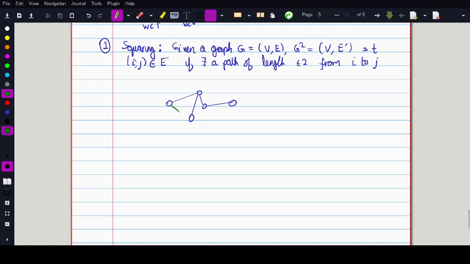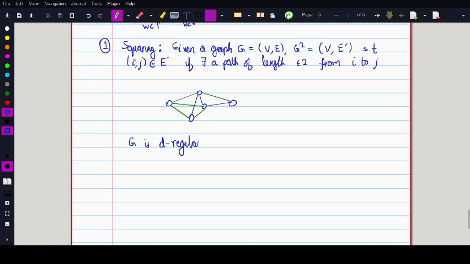So I'll join this with this, and this with this, and I'll also join this with this, because there's also a length 2 path from here, to get the new graph, which is nice. So how many neighbors would each of the nodes have? Let's say originally the graph is d-regular.